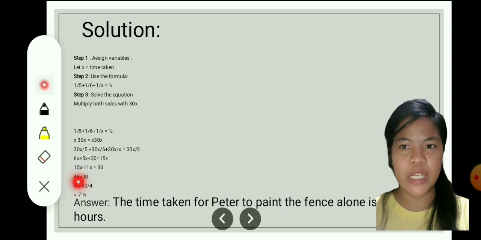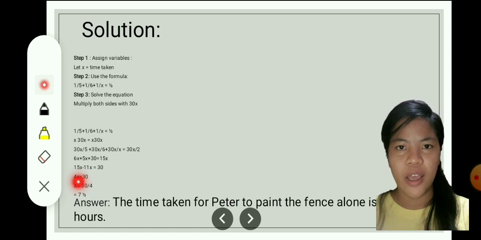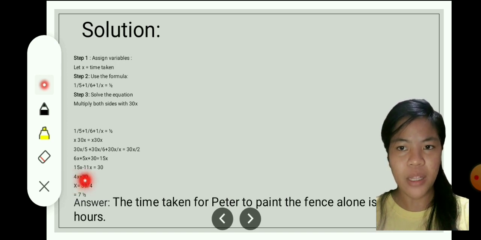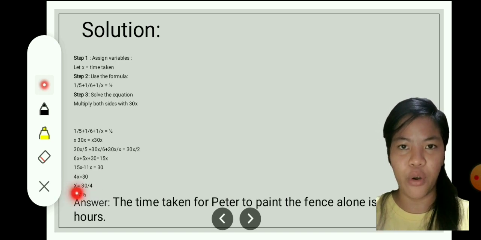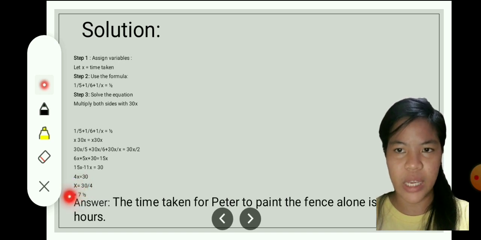Transpose the 11x to the left side of the equation, which results in 15x minus 11x is equal to 30. So 15x minus 11x will become 4x. Bring down 30. So 4x is equal to 30.